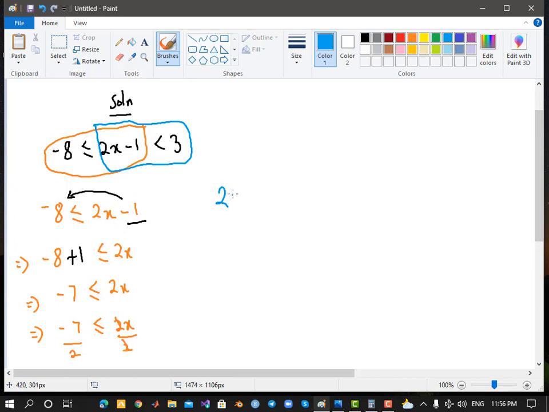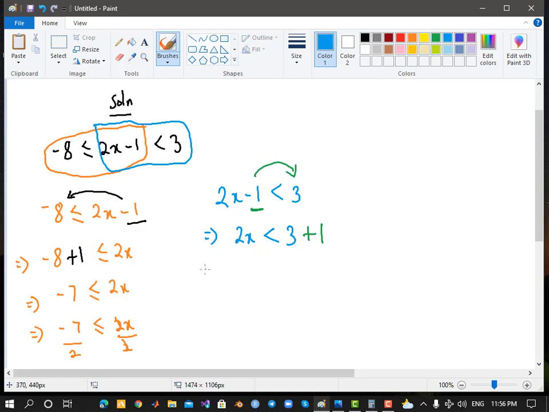That is 2x minus 1 is less than 3. So it implies 2x is less than 3 plus 1. This negative 1 here is crossing this inequality sign to become positive 1 here.